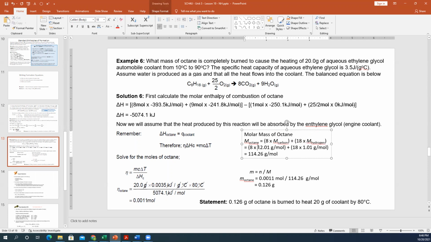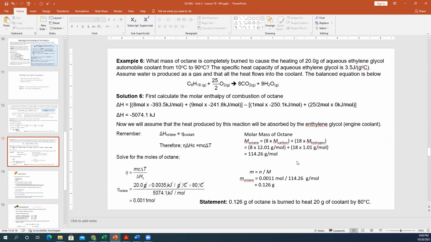These are values that we can find on the periodic table. For hydrogen, it's 1, or more accurately, 1.01 grams per mole. We have 18 of those, we have 8 of the carbons, multiply and add, and you end up with the molar mass of octane.